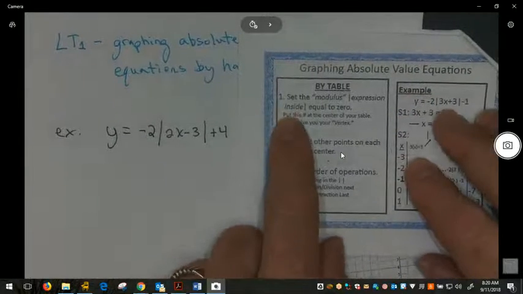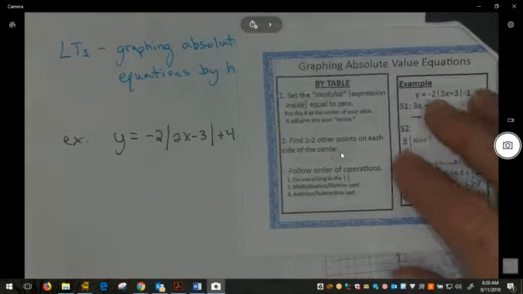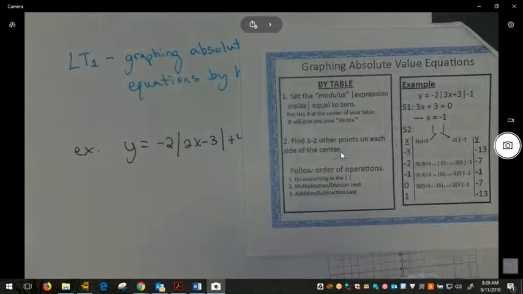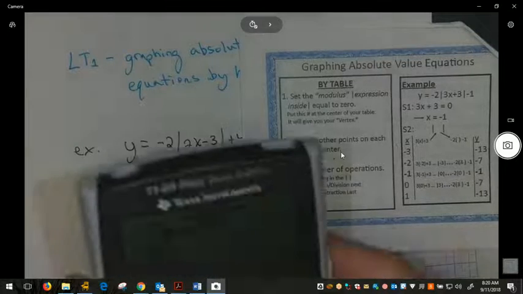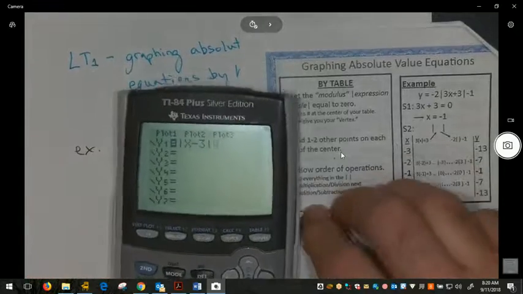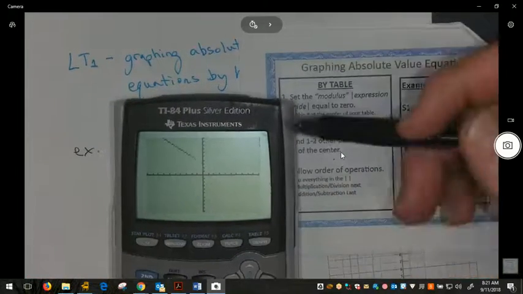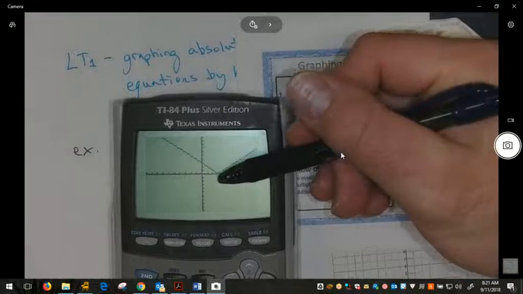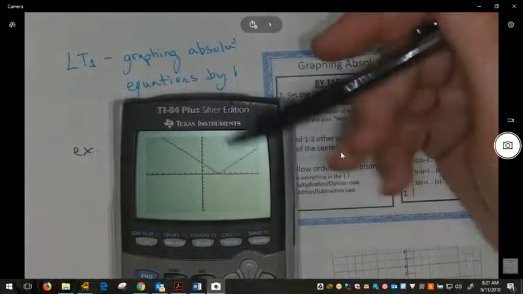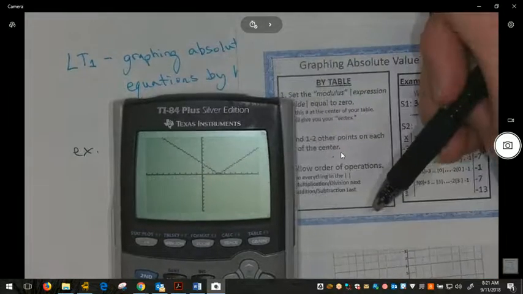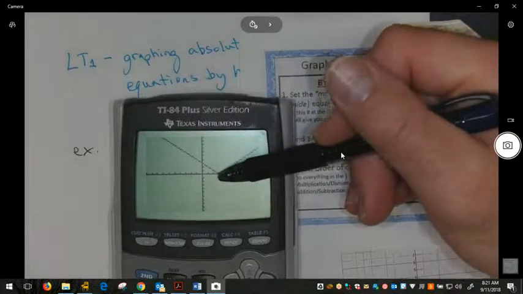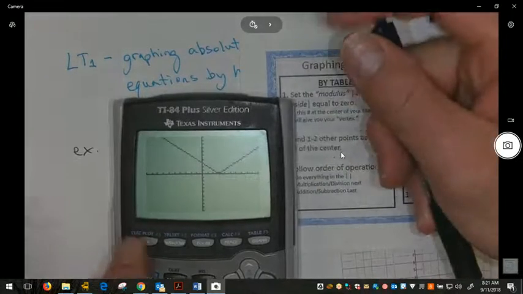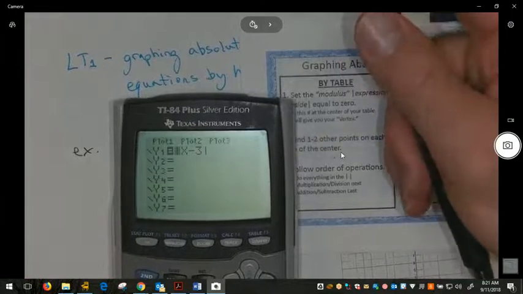The very first thing is that we want to find where the center of the absolute value equation is. We looked at an exploration in class where if we had the absolute value of x minus 3, we saw that the bottom, which we're going to call the vertex of the V, or sometimes the top, depending on whether the V opens up or down, is at positive 3, even though the equation was minus.